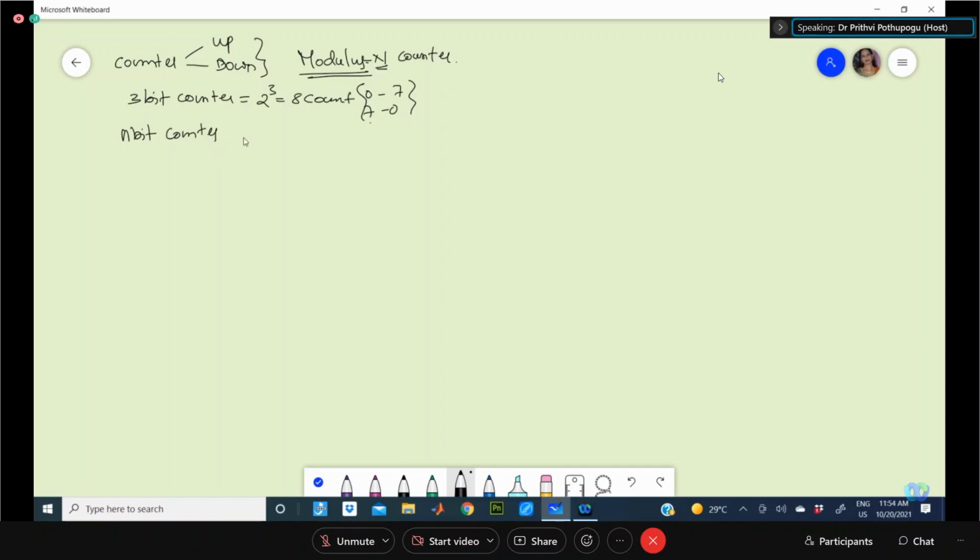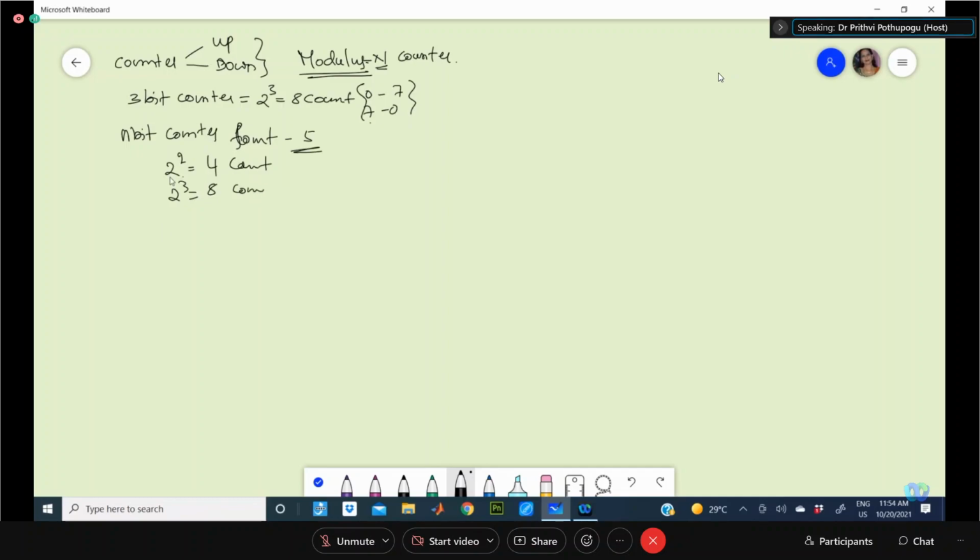Say I need to count 5 only. Count of 5. That means this is not a full count. If I take a 2-bit counter, that means 4 counts I get. The next count size is 2 power 3, that means 8 counts I get. Where is this 5 coming in?